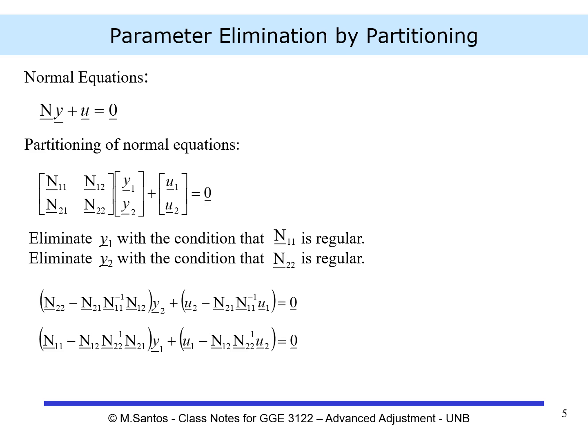If you consider normal equations, as we usually do, as expressed here in this slide, we have capital N representing the normal matrix, Y in this case would be the vector of parameters, U would be the normal vector, and the summation is equal to 0.